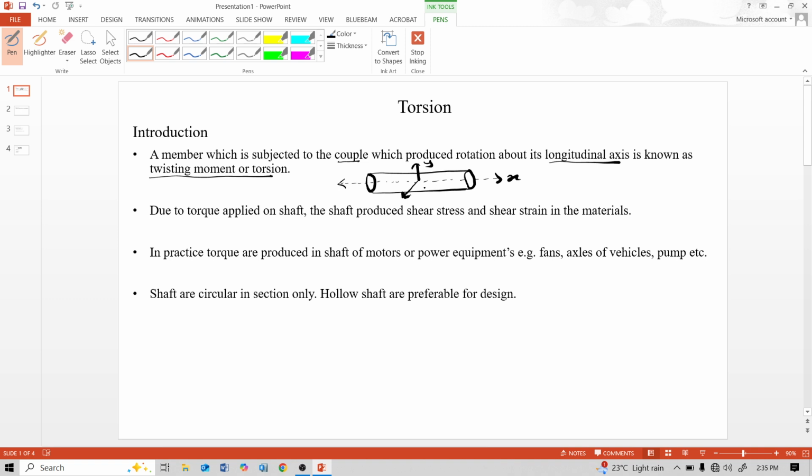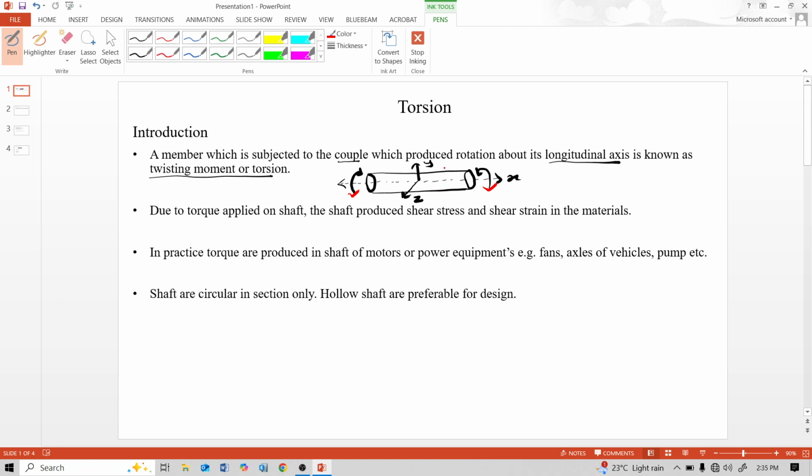Perpendicular to this longitudinal axis is the z-axis, the transverse direction. And this couple is like this. This couple produces rotation about its longitudinal axis, rotation about this x-axis.